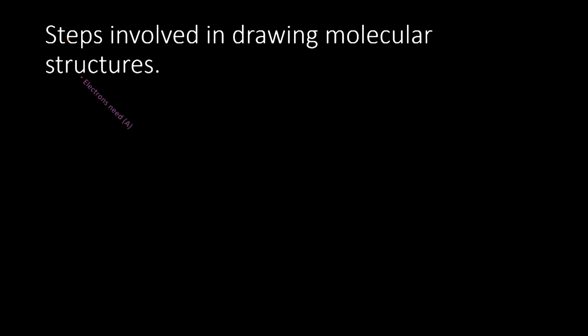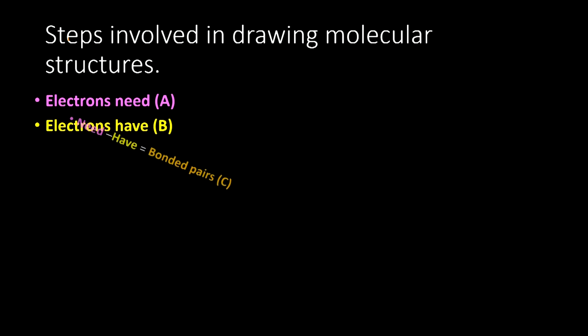So what are these four steps that I've been talking about? The first step is that we're going to discover how many electrons each atom in the molecule needs. That's based on the octet rule. And then we're going to determine how many electrons they actually have, which are their valence electrons. The difference between these two will tell us how many bonded pairs there are between the atoms in the molecule.